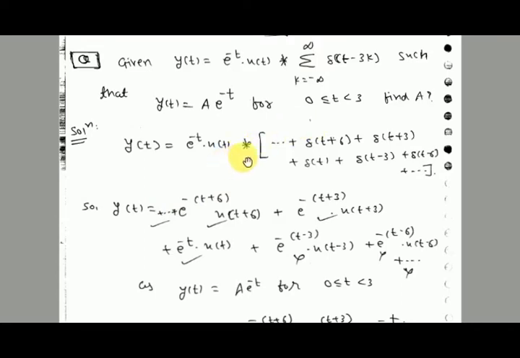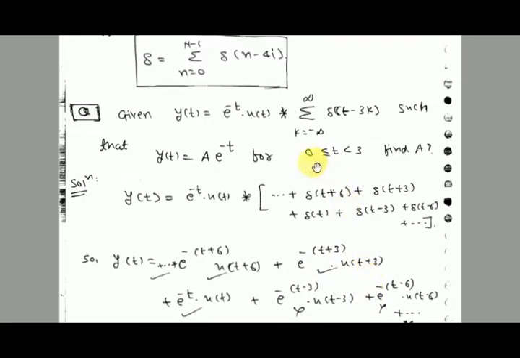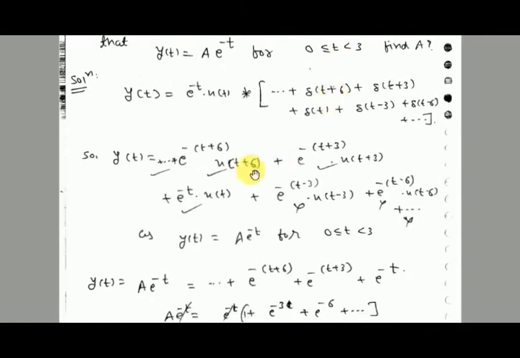If you convolve these two, as we know the impulse function property, if we convolve this with delta of t plus 6, then instead of t you have to write t plus 6. Similarly all will be done. We have to find y of t for the range 0 less than or equal to t less than 3, so t is always greater than or equal to 0.